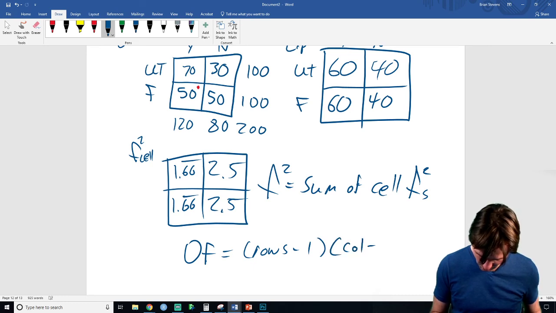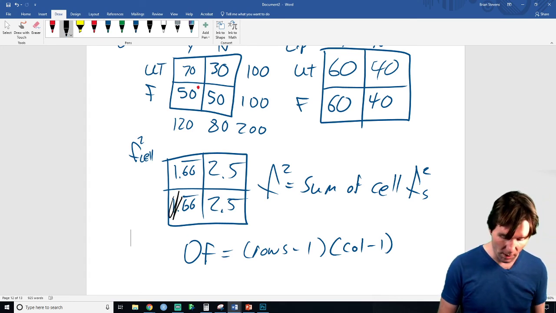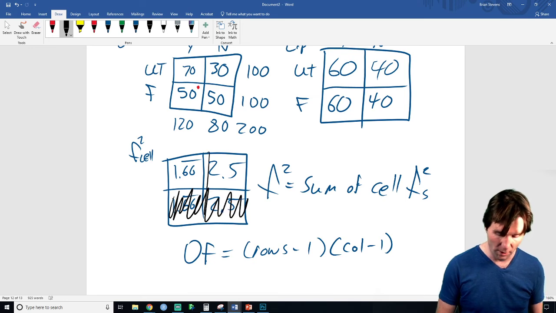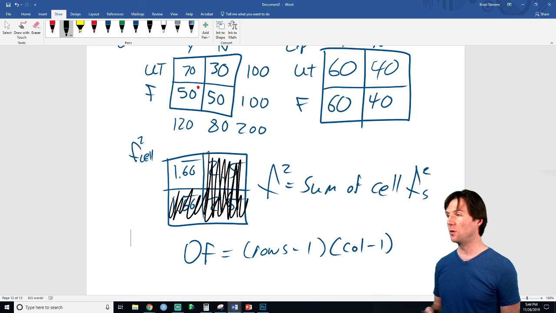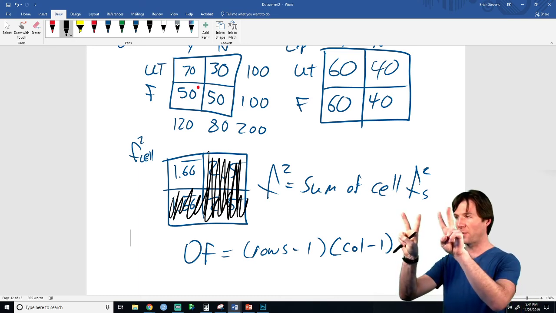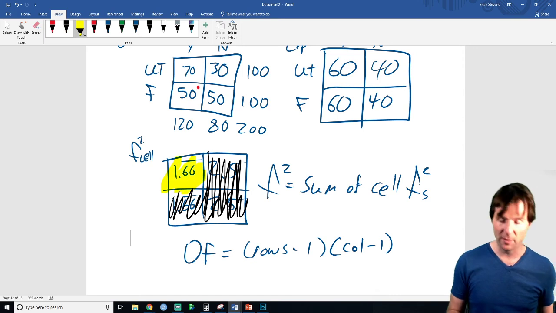That's columns minus 1. What are you doing? All you're doing is taking and deleting one row and one column. How many degrees of freedom does that make? When you do 2 times 2, you subtract from that and do 1 times 1. There is 1 degree of freedom for this.